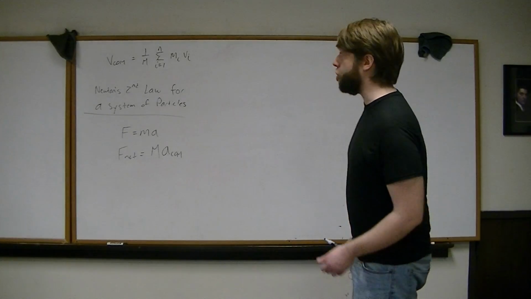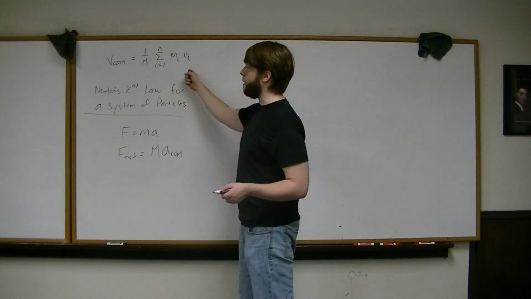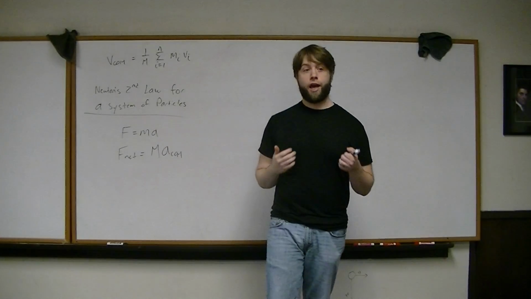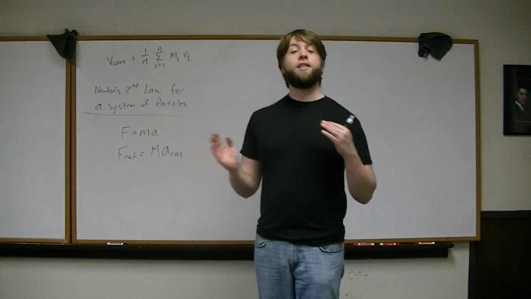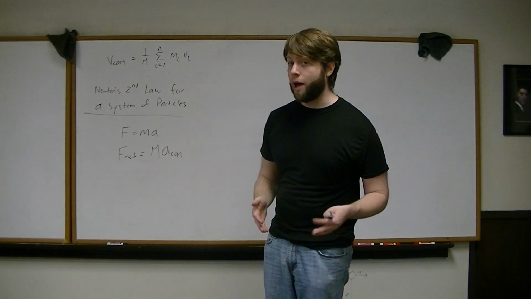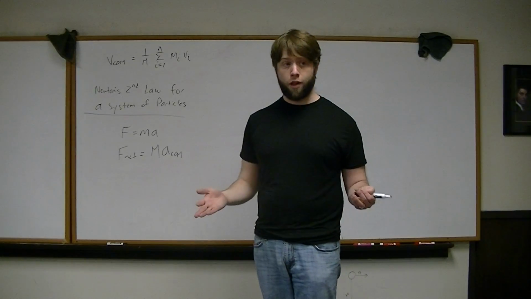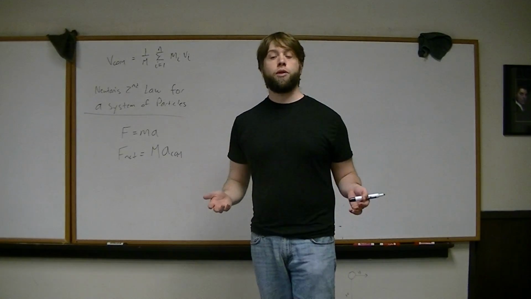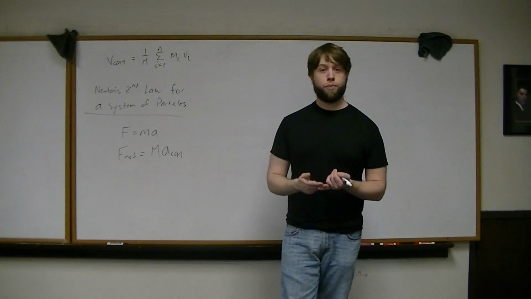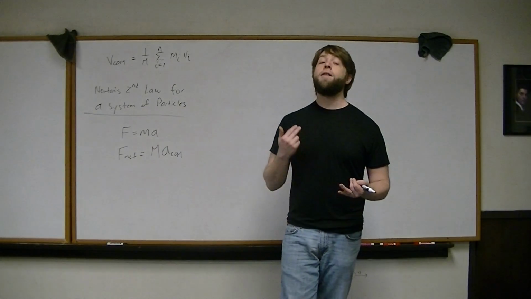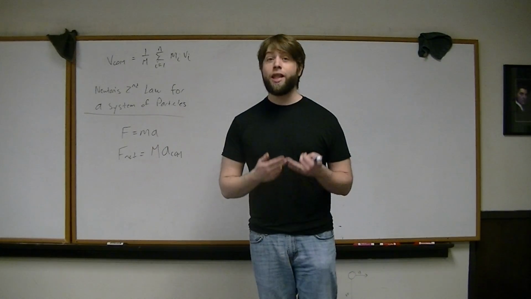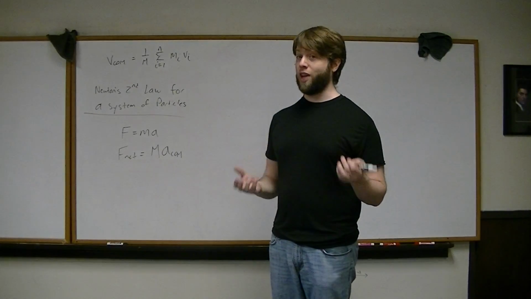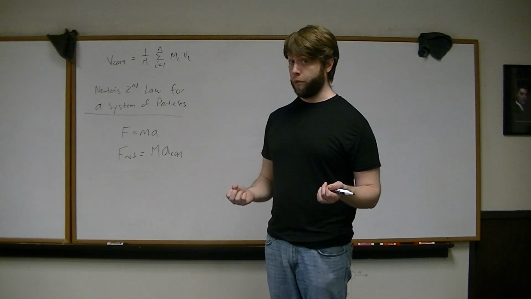In order to change the velocity of the center of mass, I have to apply an external force. This does not violate anything that we've talked about previously when it comes to Newton's laws. Think about it. An object with a constant velocity means that it's not experiencing an acceleration, and if it's not experiencing an acceleration, that means that there is no net force acting on it, no external force.